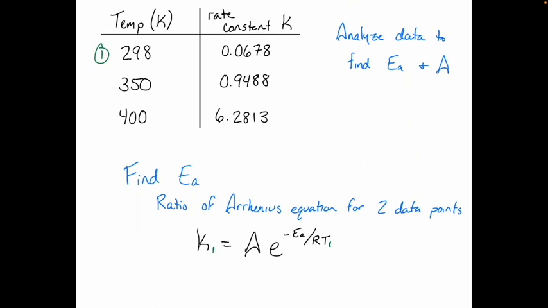Okay, but again, we're going to actually take the ratio of two data points. So K1 divided by K2 is equal to A e to the negative EA over RT2.